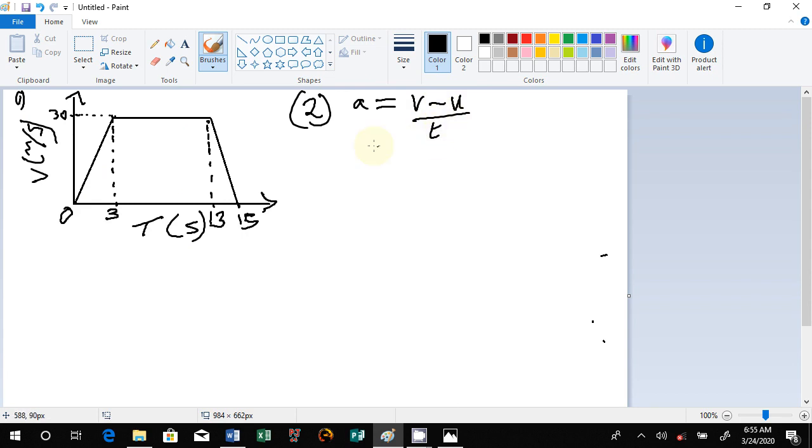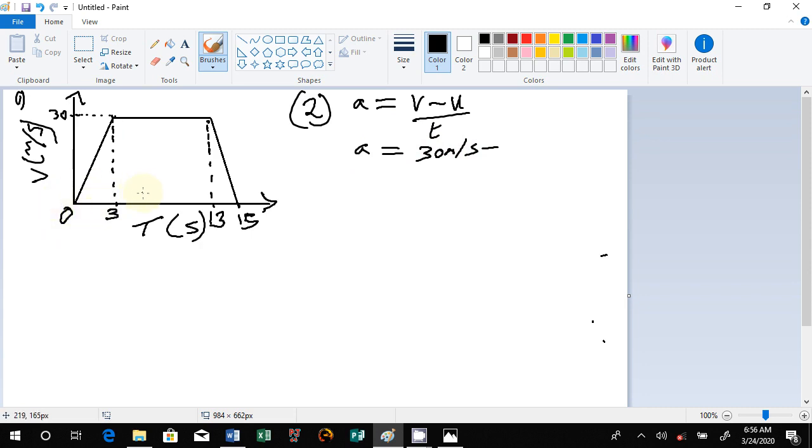Okay, let's just put the figures there. So acceleration will be equals to, our final velocity reached is this one, 30, when it started from 0. So the 30 is very important. We write it there, 30 meters per second. We say minus. Then our initial velocity, where it started from, 0. So that is the initial.